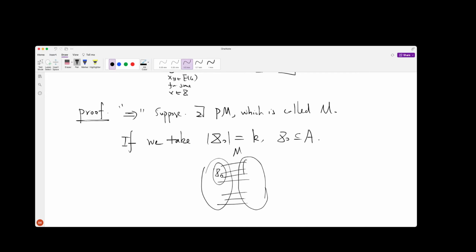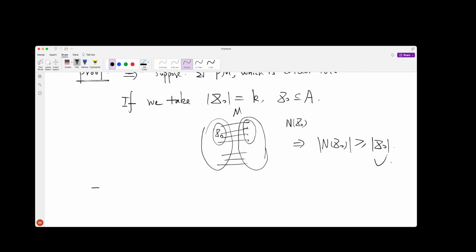So following this matching, these vertices clearly all belong to the neighbor set N of X0, and these vertices already have the size of X0. So it implies that the size of N of X0 is greater than or equal to the size of X0. So checked. That is very simple.